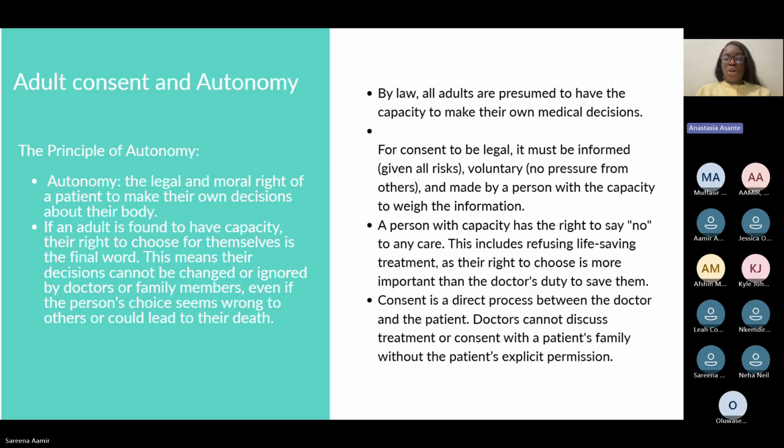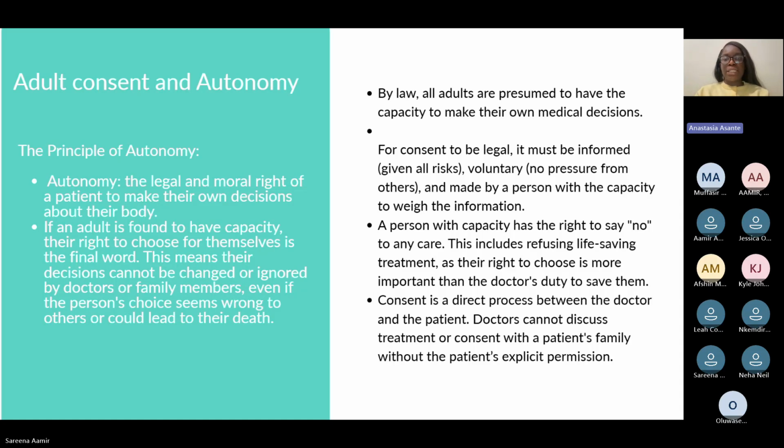So, no one, including healthcare professionals or family members, should be pressuring the patient to make a decision, and the person has to have the capacity to weigh all that information. So they need to be able to retain all that information, make a good informed decision, and make the best possible decision that will affect them in the best way possible.